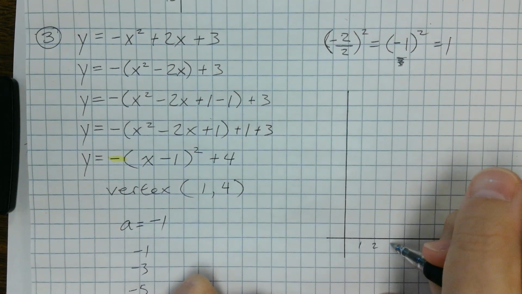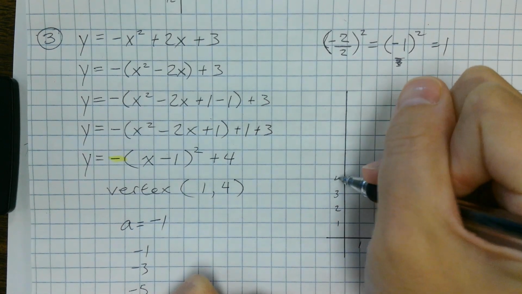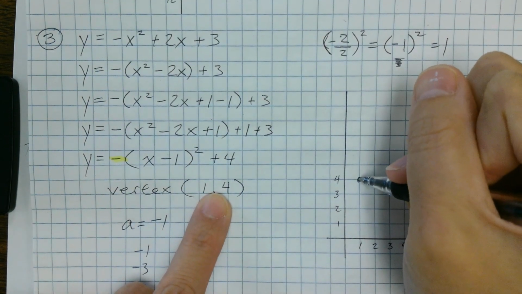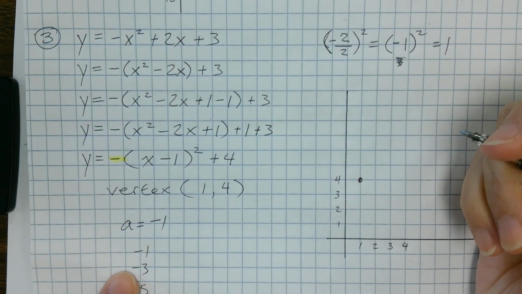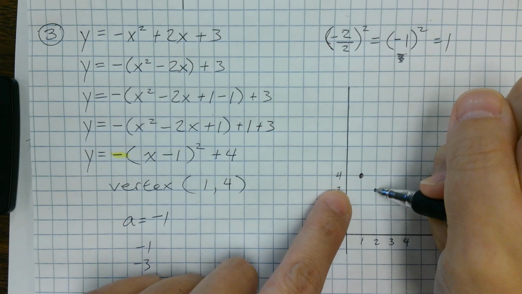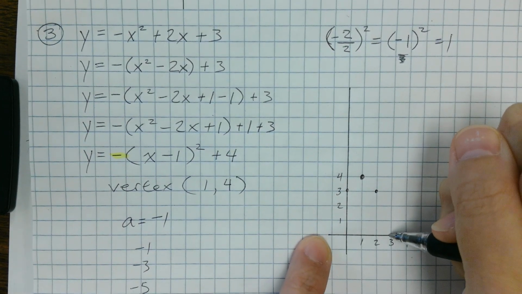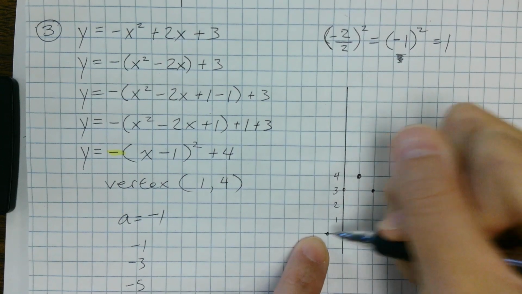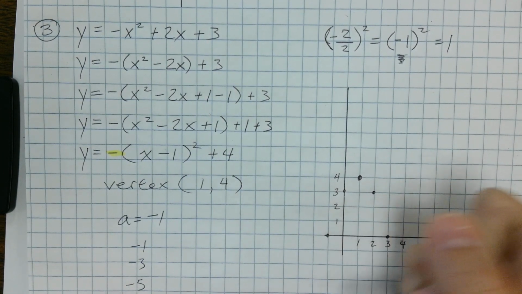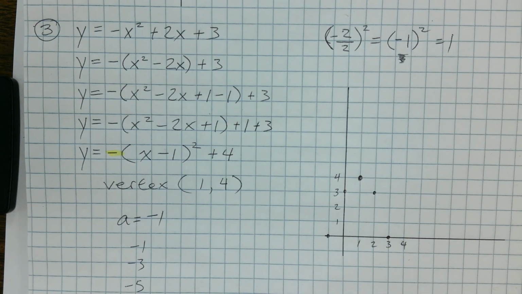So 1, 2, 3, 4. 1, 2, 3, 4. So 1 and 4. There's my vertex. And then I go over 1, down 1. Over 1, down 3. Over 1, down 5. Like this. Okay.